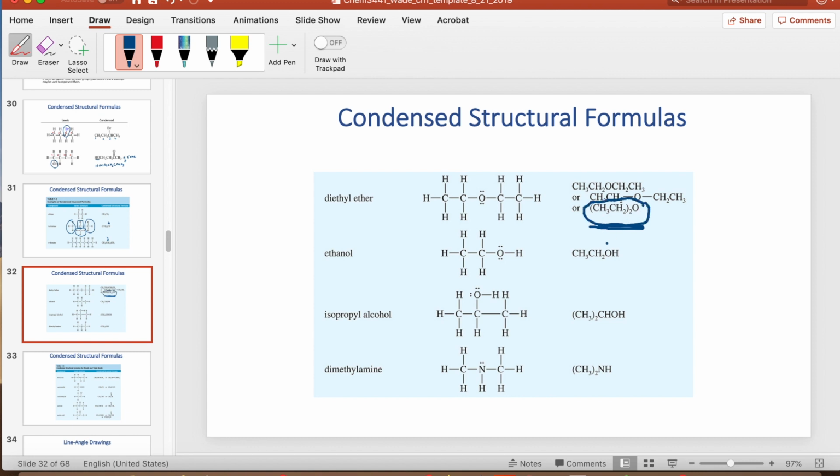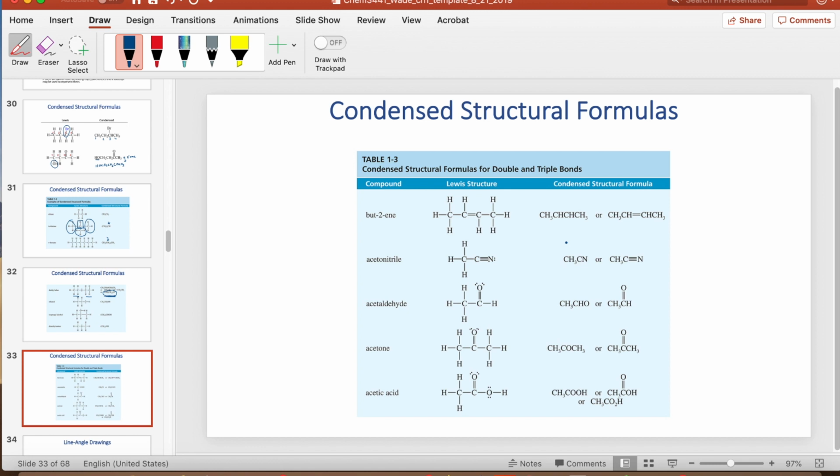And so basically, whatever the laziest way you can think of, that's it. Notice that it's indicating because you have 2 of the same groups, right? The ethyl groups here with 2 carbons on either side, so it's typically going to be written like that. So I just want you to kind of go through and familiarize yourself with these. There's really not a whole lot that I can do except for just tell you to look at it and sort of understand what they are.